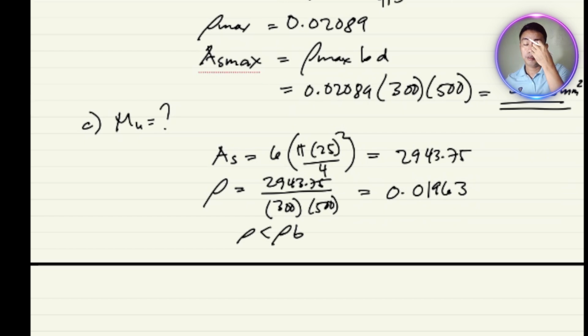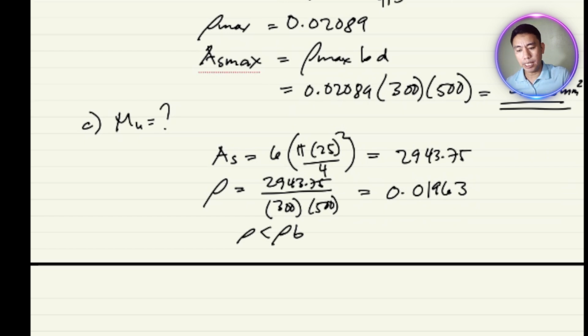Okay? Pero kung marami yung rebar, that means ang rho is greater than the rho balance, then ang mag-una fail is yung concrete. But if rho is less than the rho balance, meaning mas maliit siya sa standard natin na rho balance, that means siya mauna mag-fail ang reinforcement.